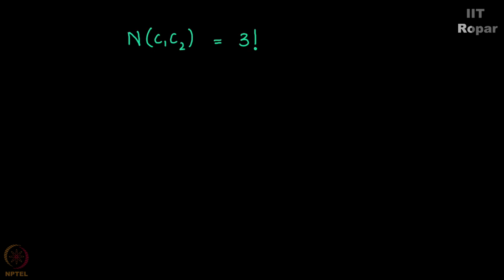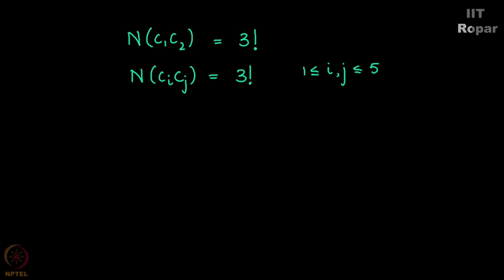This holds true for C1, C2, where 1 goes to house 1 and 2 goes to house 2. But don't you think it is the same for others as well? What do I mean by that? N of Ci, Cj is 3 factorial for all i, j between 1 to 5.